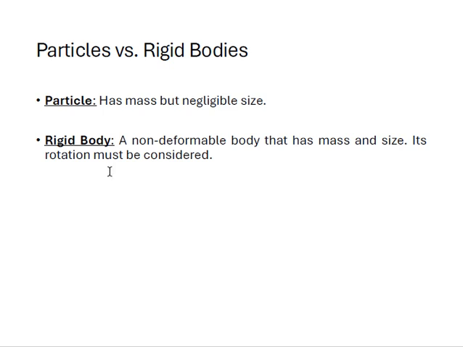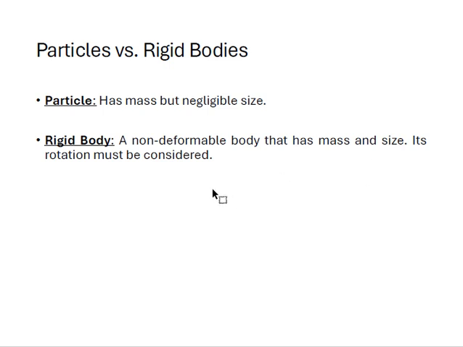So we have to consider, because it has a bigger mass, how this body rotates when it moves. Okay? A small particle has mass, but the size is so small that we neglect it. A rigid body has mass and is bigger, so it has a noticeable size.